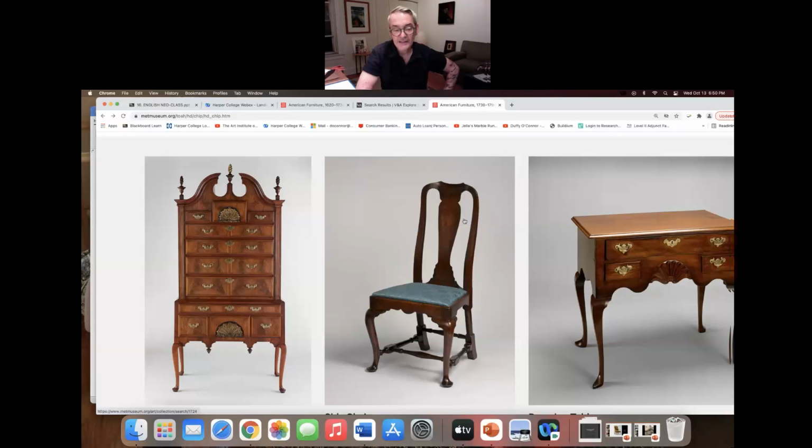So also, I've seen this furniture. You'll see it watching films and television shows. Did any of you watch the series House of Cards?